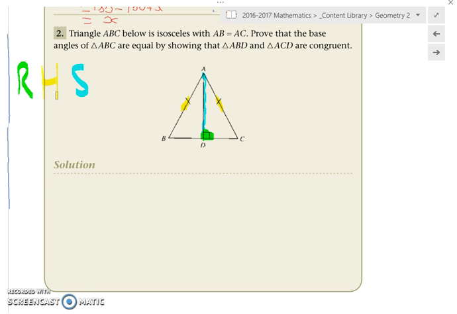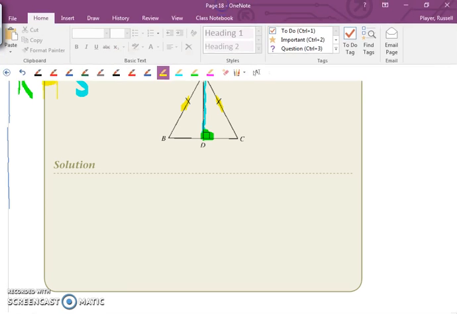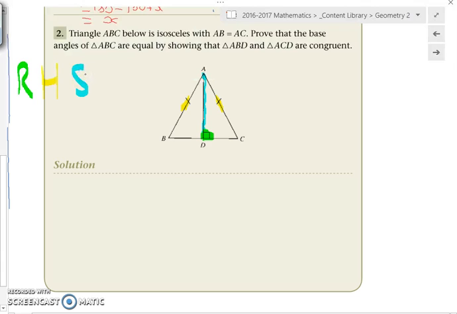But does that make sense? You have a look at what's there, and from that you determine which proof you're going to use. Okay, so our aim is to prove that angle ABC is equal to ACB, so the base angles.